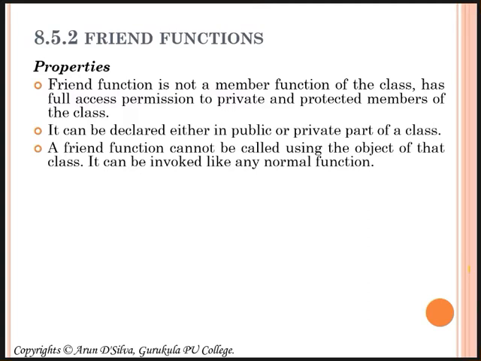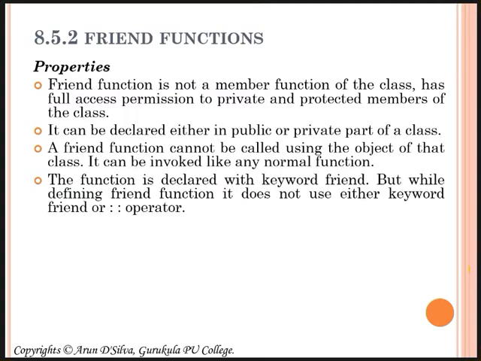Normally, in the main function you create the object of that particular class, and you call the member function of that class by using the object, dot, the member function name. That is not required for a friend function. A friend function can be called directly.